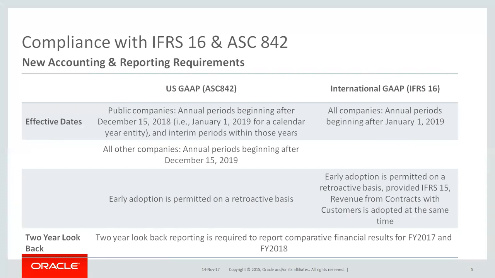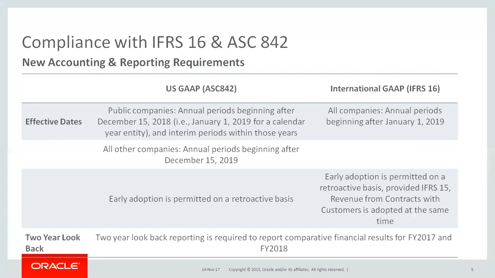Having said that, the accounting standard also gives the tenants two ways of adopting this particular accounting standard. We also call these transition methods. So there is a modified retrospective method, and there is also a full retrospective method.